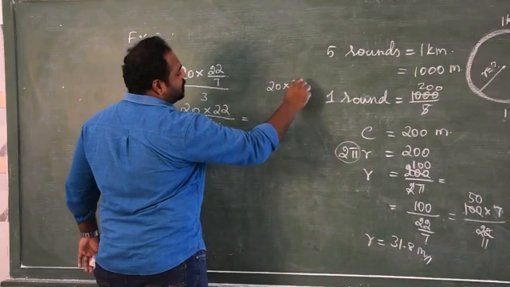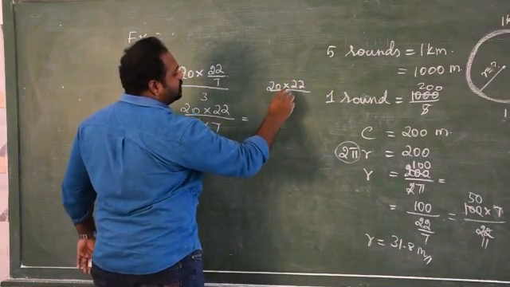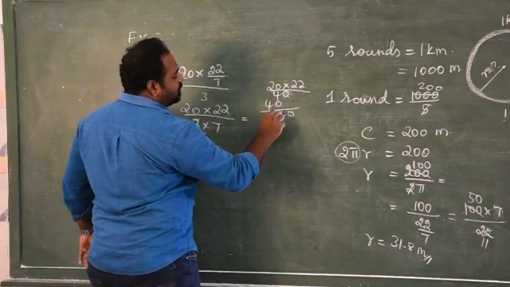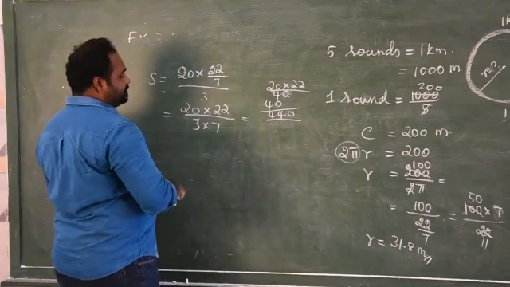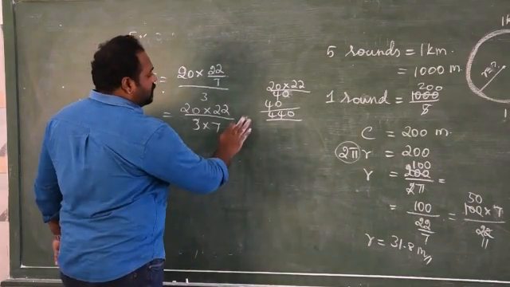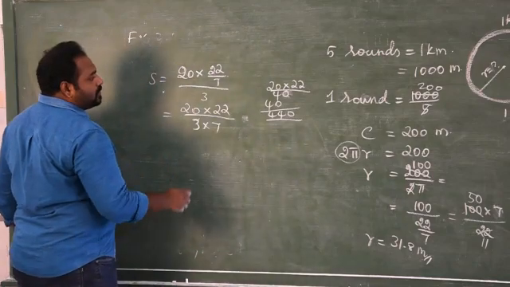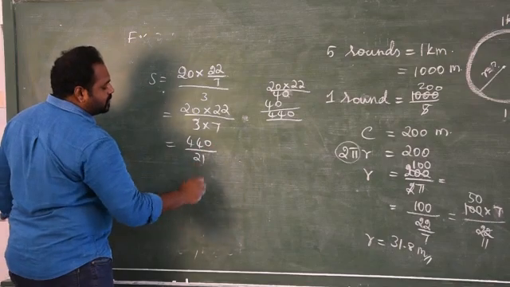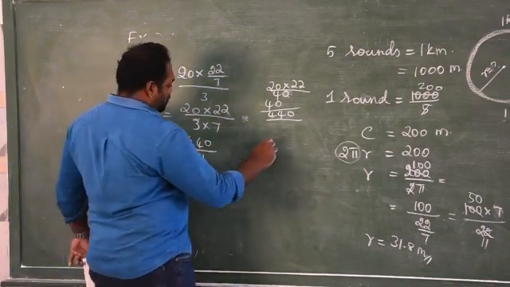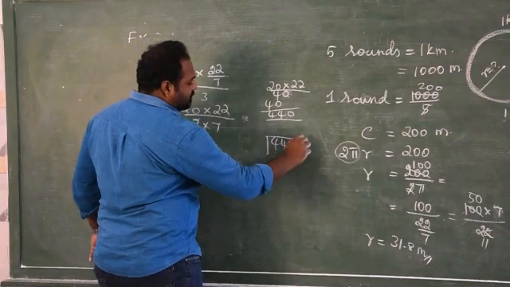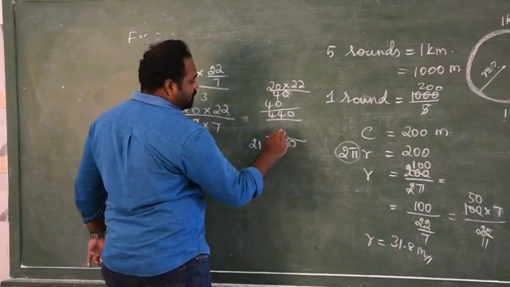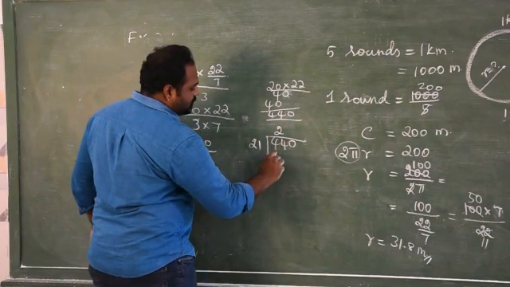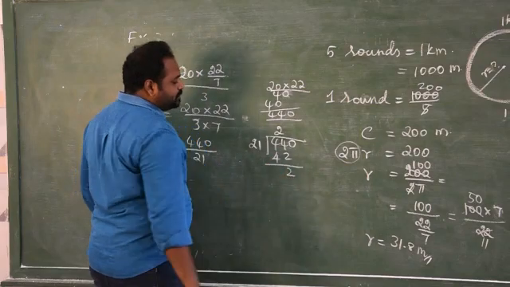20 into 22 is 440, divided by 21. If we divide these values, we can take 2 times, 42 divided by 2.